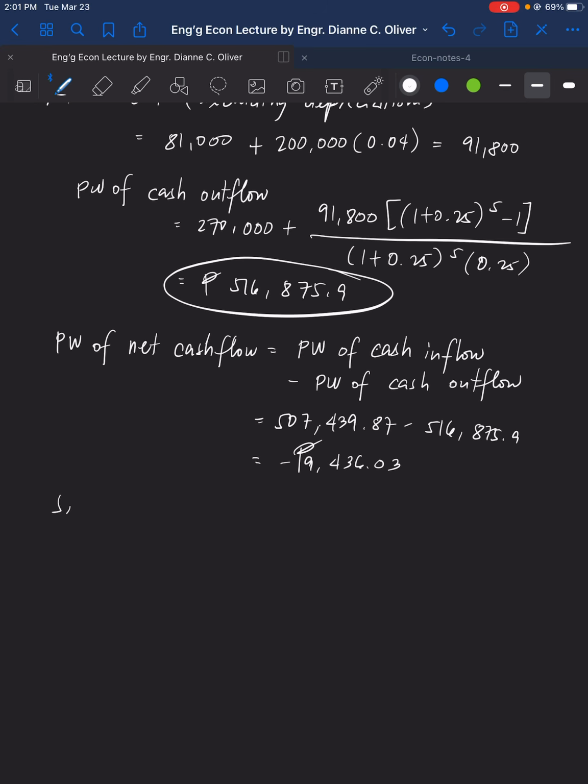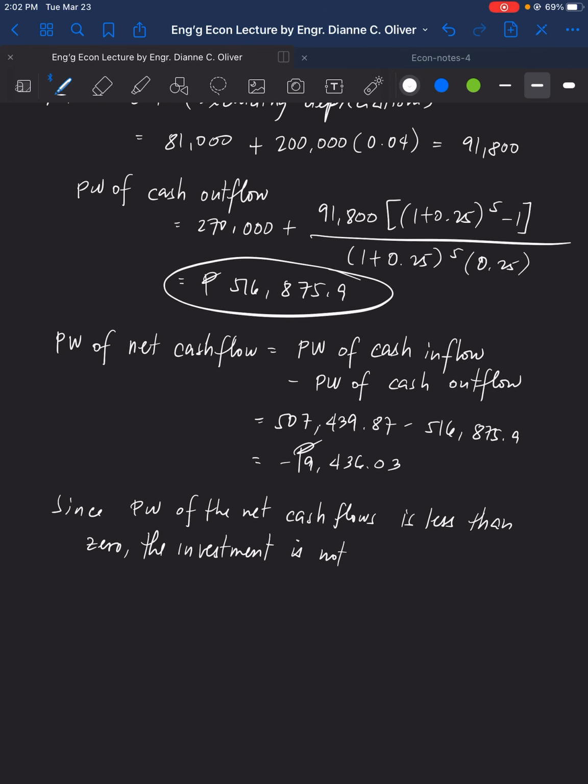So let's write that. Since present worth of the net cash flows is less than 0, then the investment is not justified.